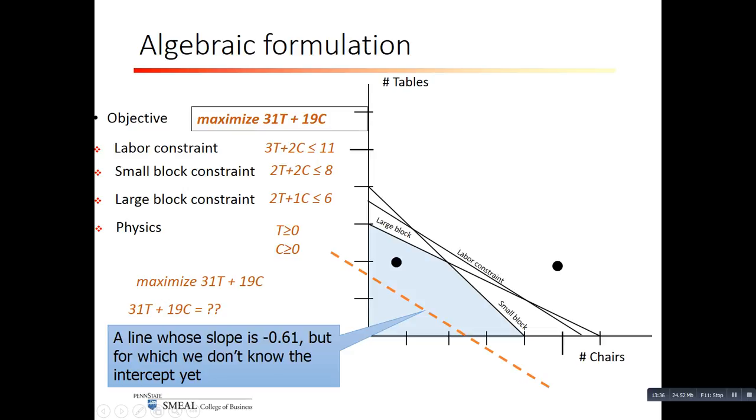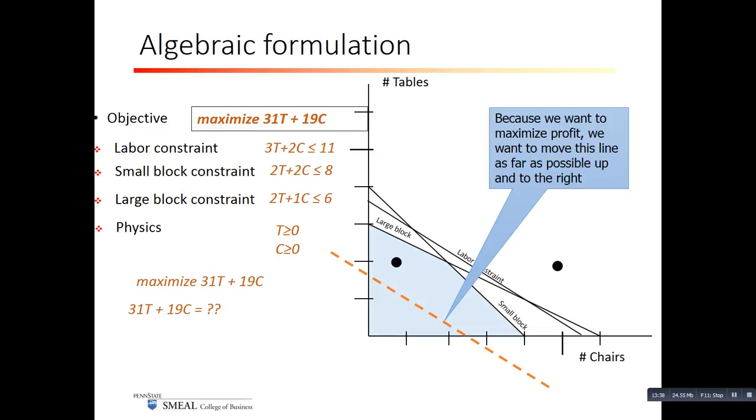Since we are going to maximize the profit, we want to move this profit function up, in the upper right direction, as far as possible, because these coefficients are positive, and we want to make as many tables and chairs as possible.